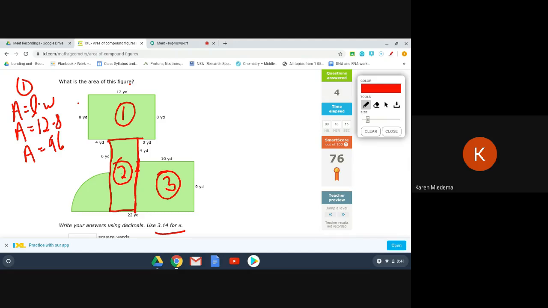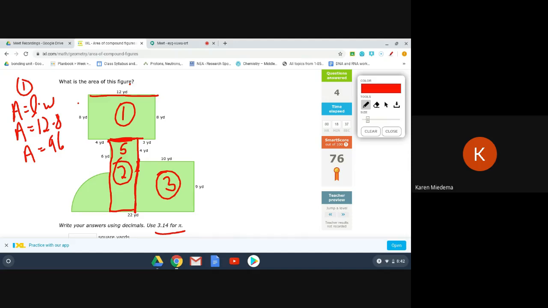For the second rectangle, you should notice that this distance from here to here is 12. If this is 4 and that's 3, the missing distance for this piece is 5, because 3 plus 5 plus 4 equals 12. So I now know that the length is 5.